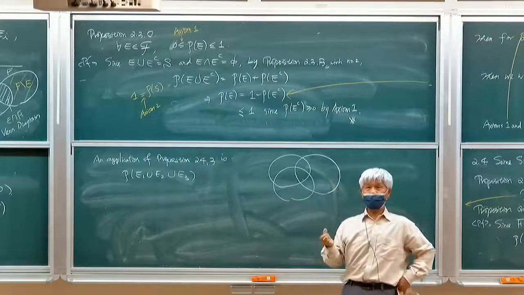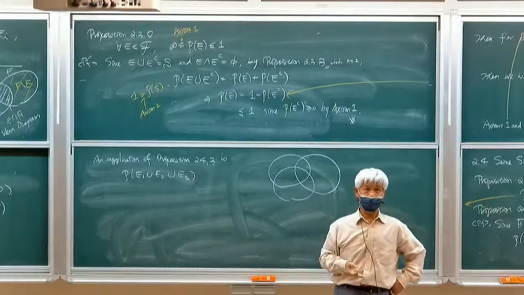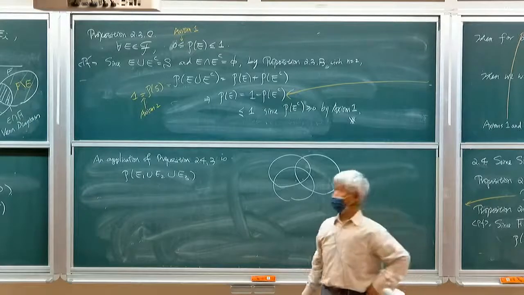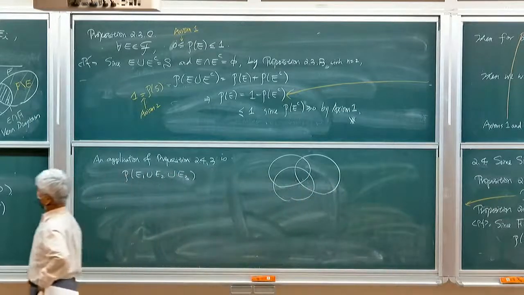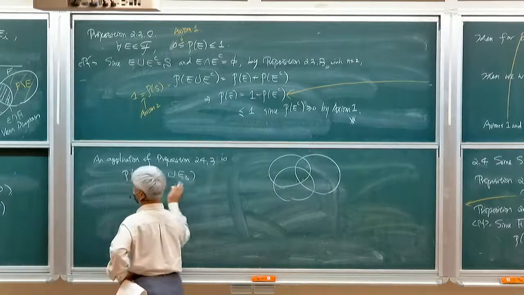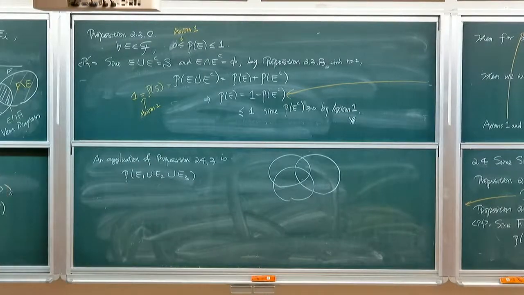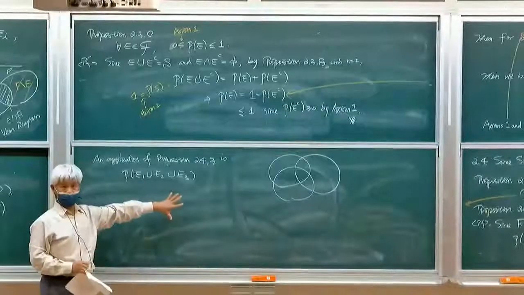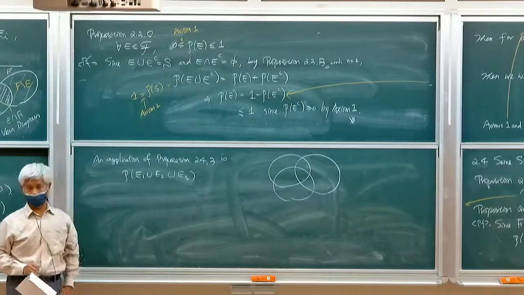And how about if you have 100 events? That would be a huge task, right? All right. So if we want to have some formula similar to this one, it means that we want to generalize this formula from 2 to 3. Okay. How can we do that?